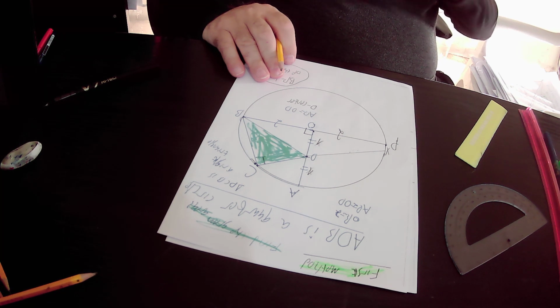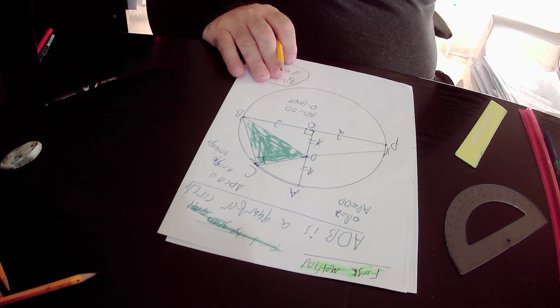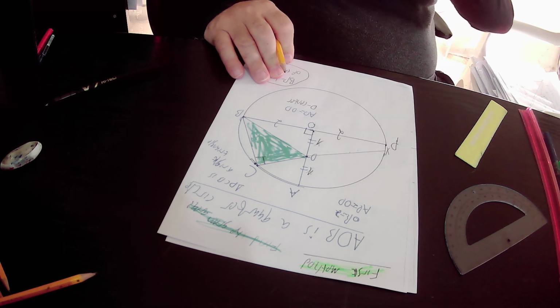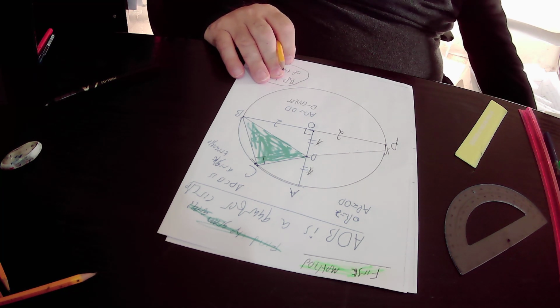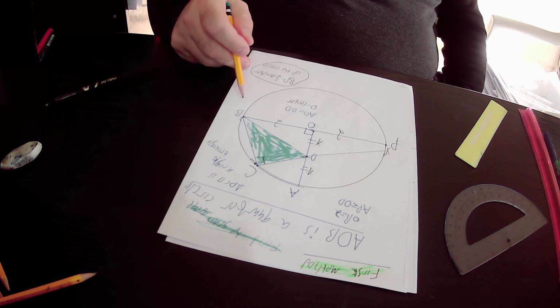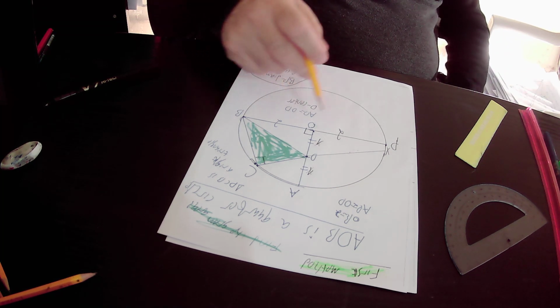Okay? Our assumption is the extended side CD will touch the circle at point X. So actually we created here peripheral angle BCX.